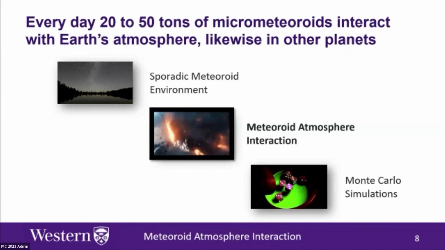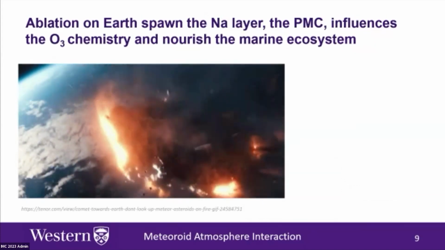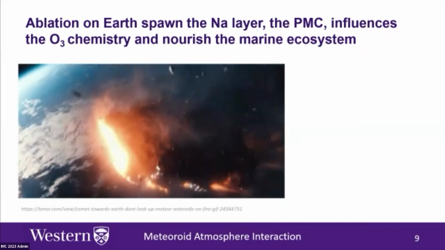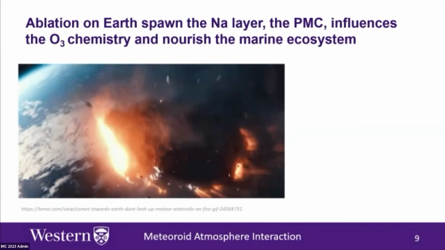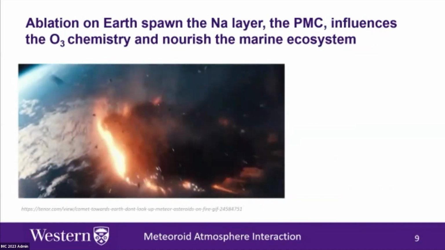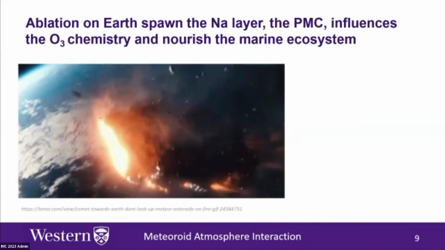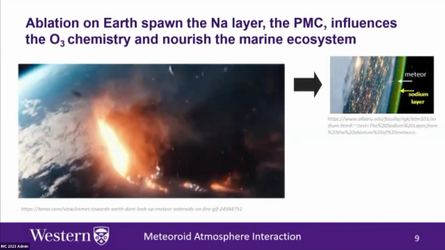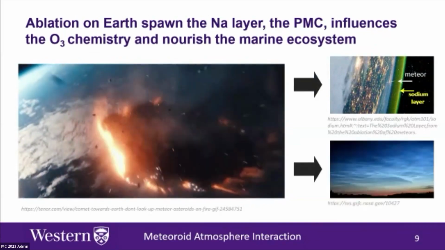Well, before all of this, it's interesting to see what these tiny pebbles are doing in our atmosphere. By ablating in our atmosphere, they are fragmenting, and all this material spawns our sodium layer. And later on, it creates nucleation points where polar mesospheric clouds can be formed.